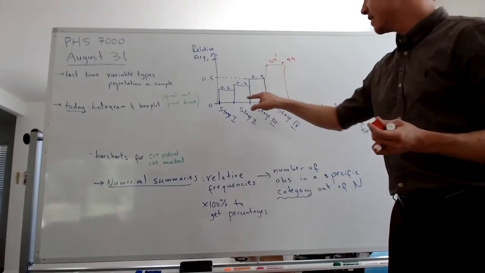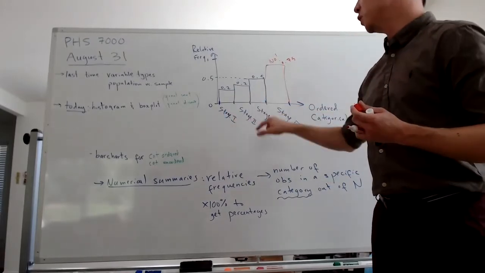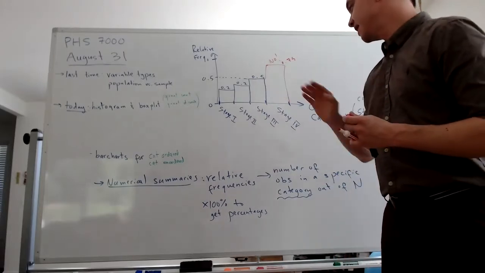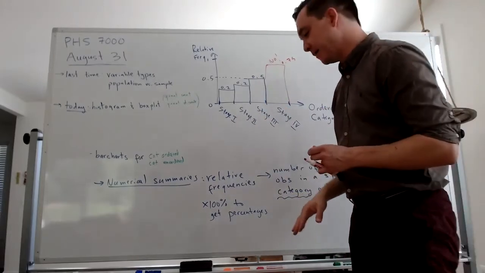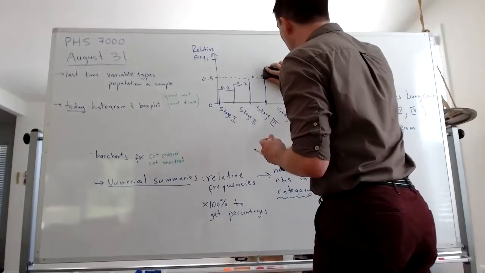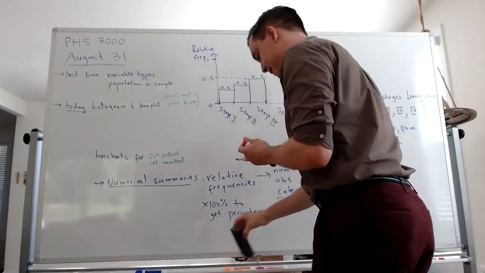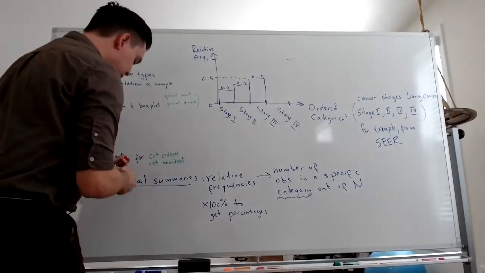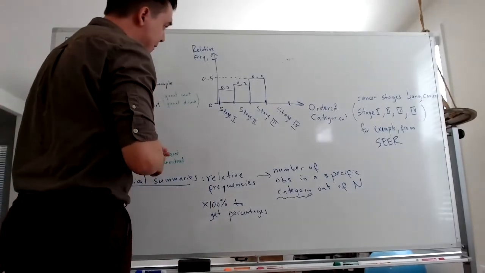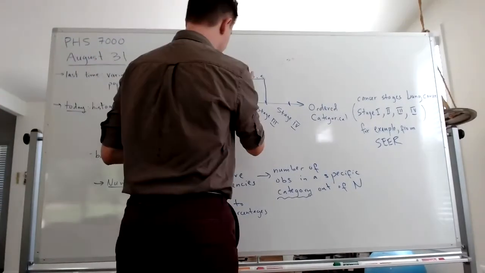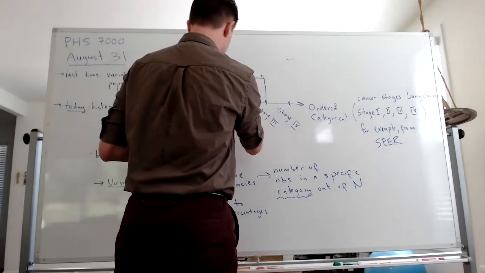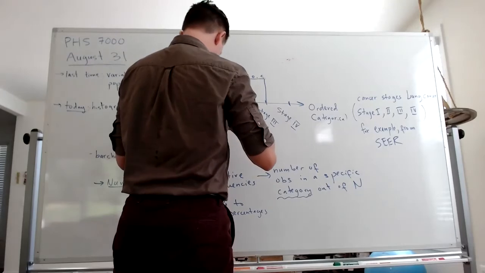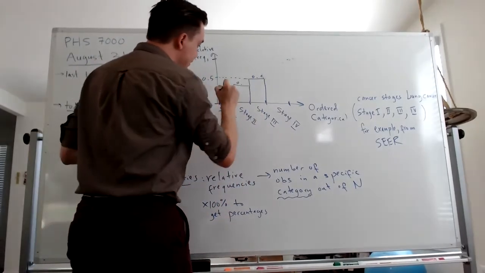This doesn't make sense because if 20% are in stage 1, 20% are in stage 2, 50% are in stage 3, then we only have 10% left. So the height of this bar has to reflect that we are taking the same categorical variable, we're just graphing its relative frequencies. So there, let's make that average to 20%.